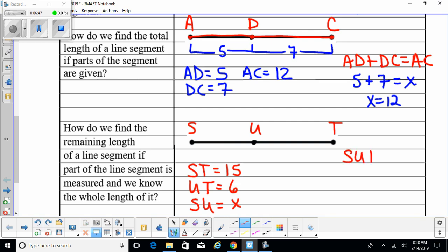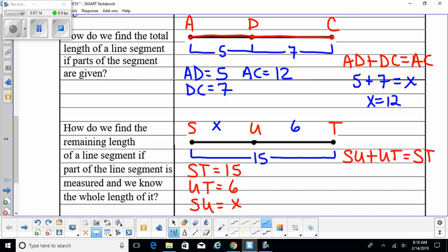SU plus UT equals the whole thing ST. I'm going to show the pieces on here just to make sure I can kind of see it. From S to T is 15, so I'm going to show that with a little bracket here. From U to T is 6. I'm just going to put a 6 above where UT is, and then I'm going to put an X where SU is, and that can tell me how these pieces and parts play out.